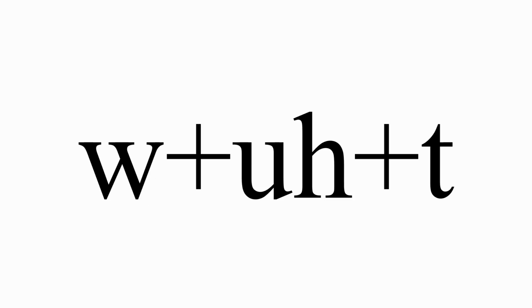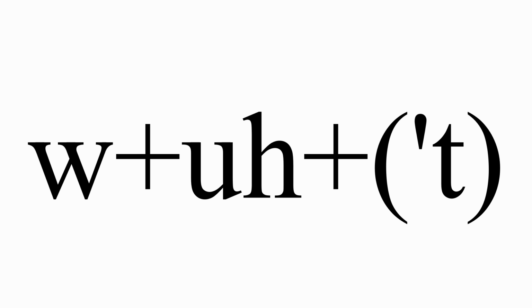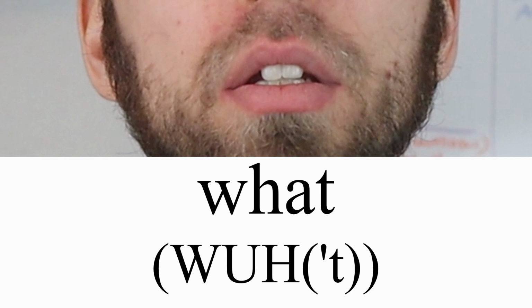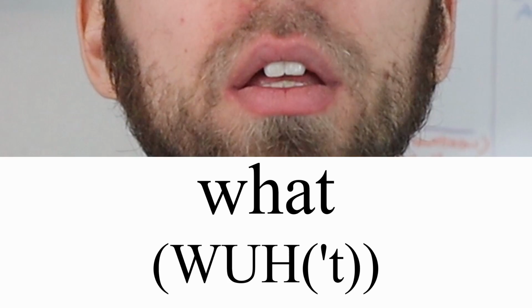And you can watch my lesson on the schwa sound for more information about that. But this word is just the W sound plus the schwa sound plus a T, what. And of course you can stop that T, what. What? So that was our first 3 words, and that's our next word.